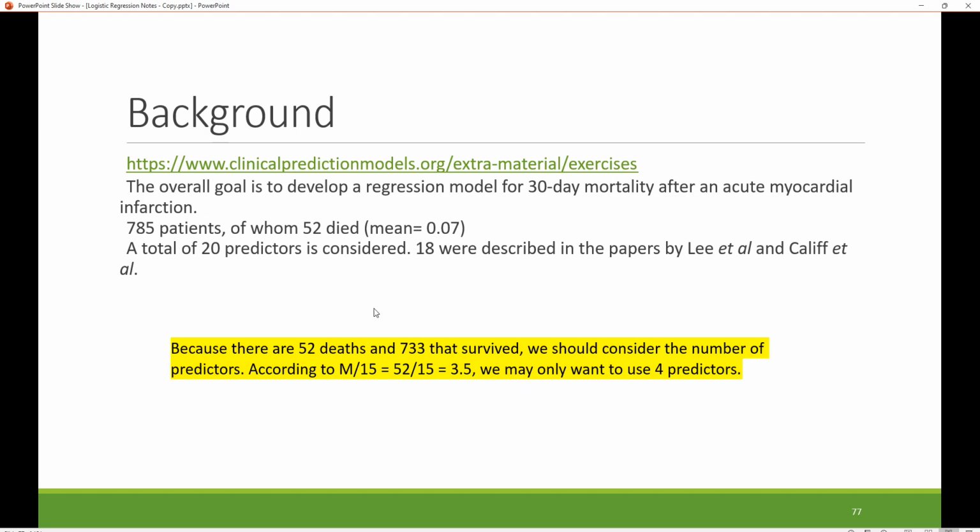So again, we should probably only use about 3 to 4 predictors in our model, but we're going to look at the situation in which we're given more predictors.